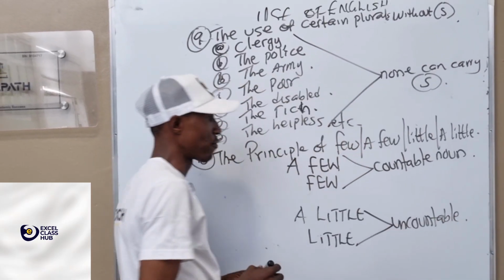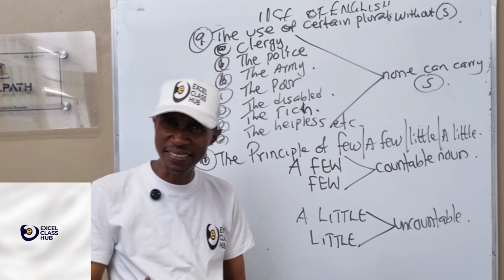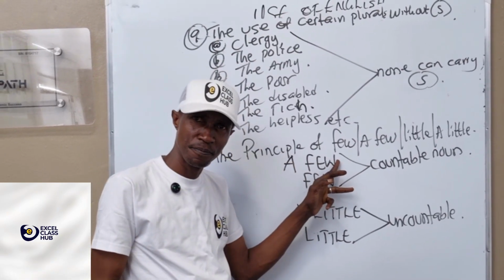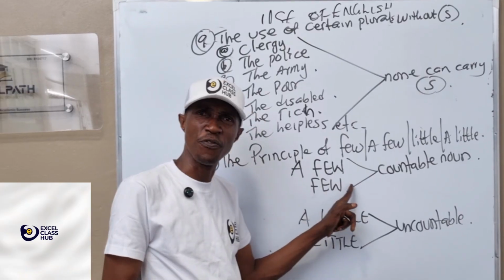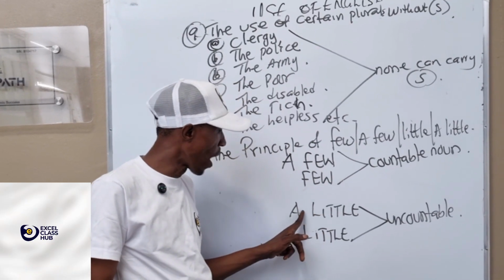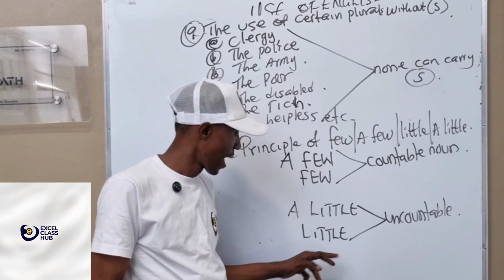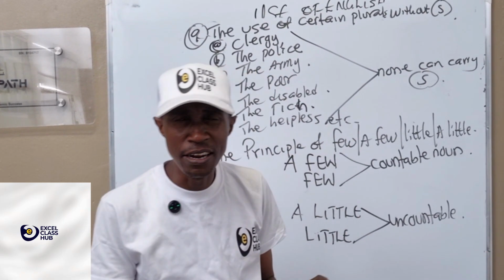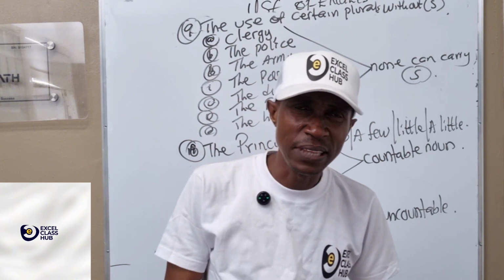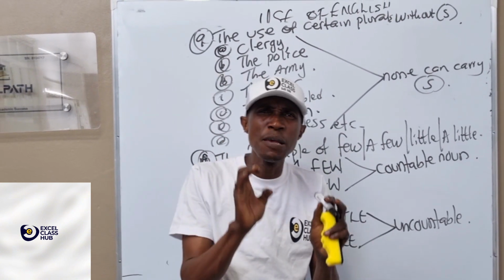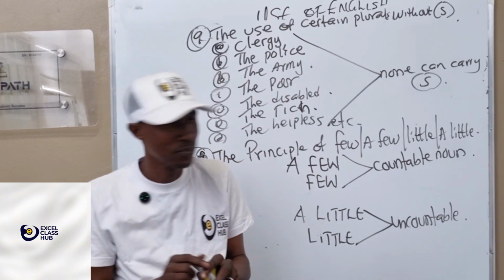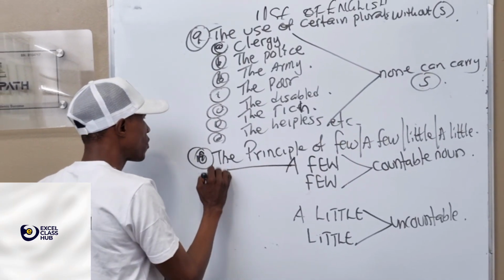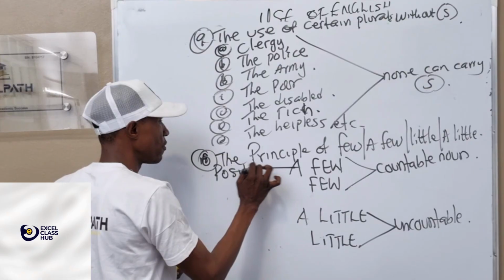Now, I've grouped them into two. But the next thing we need to do now is, when do we use a few? When do we use few? When do we use a little? And when do we use little? This is another area that we need to focus on. But I'm going to give you a very simple way to get it. Whenever you use the word a few, it must show something positive.